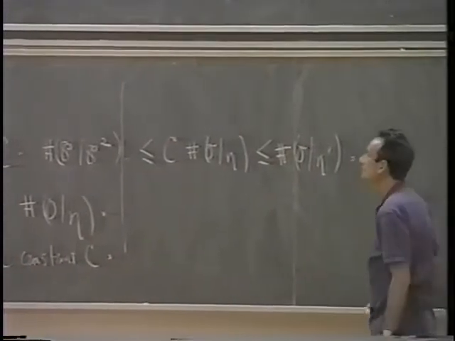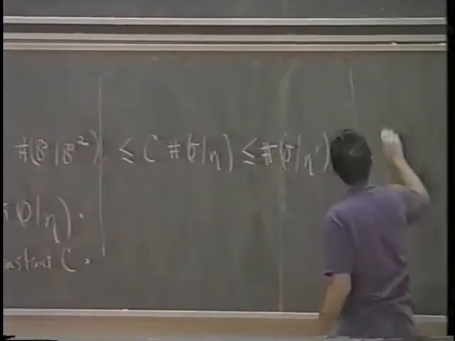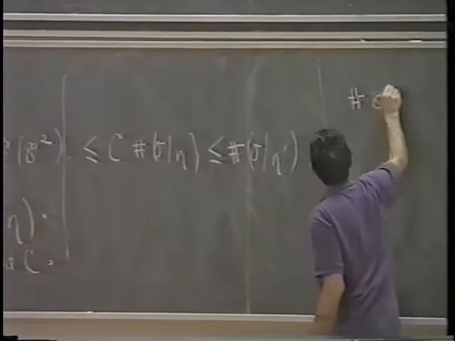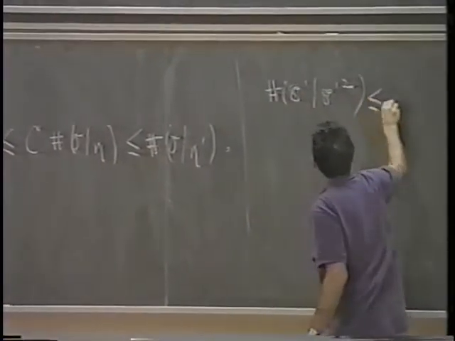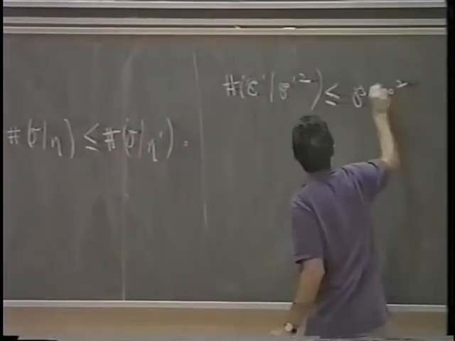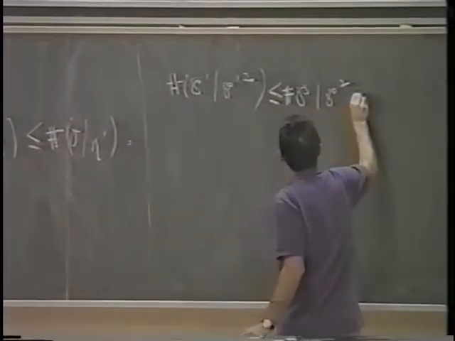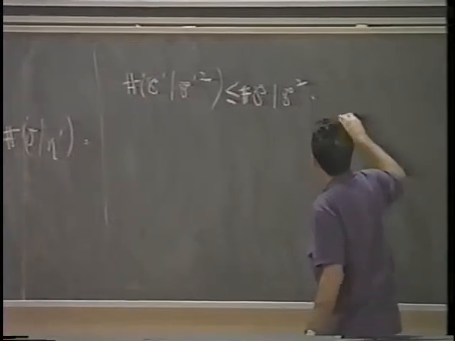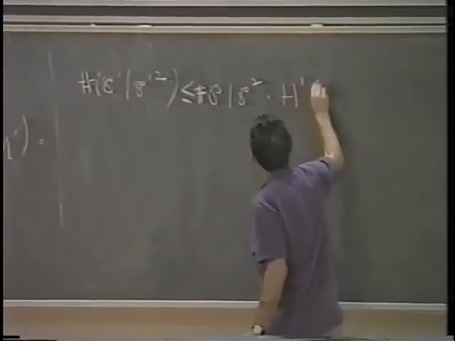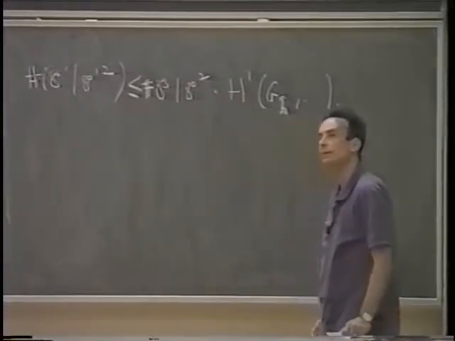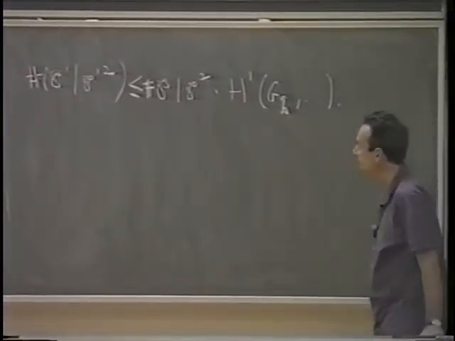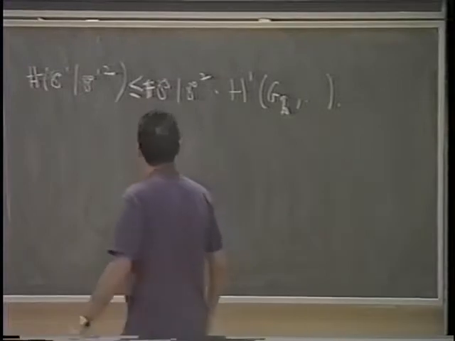So this means that if you think about bounding p prime mod p prime squared in terms of p mod p squared, again I'll put in the order, there's a factor that comes in, and the factor is going to be some H1 of a local Galois group operating on the appropriate space.